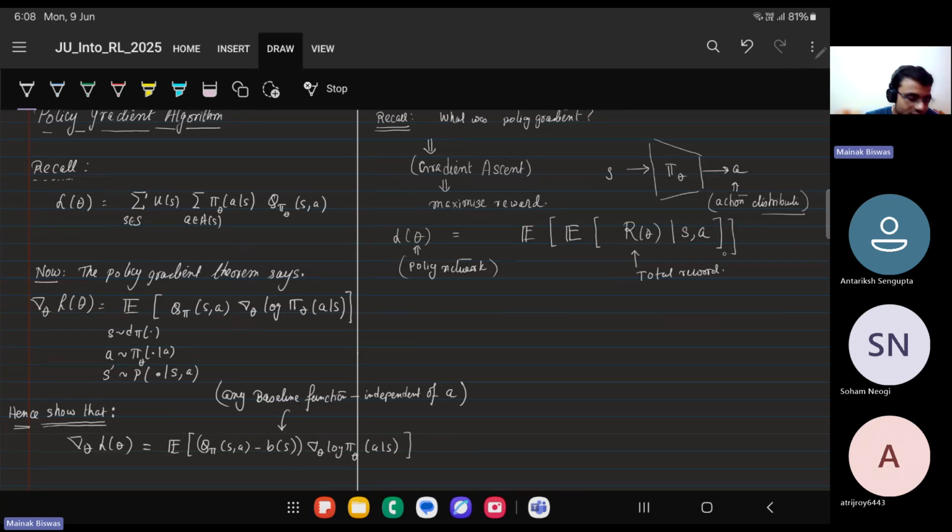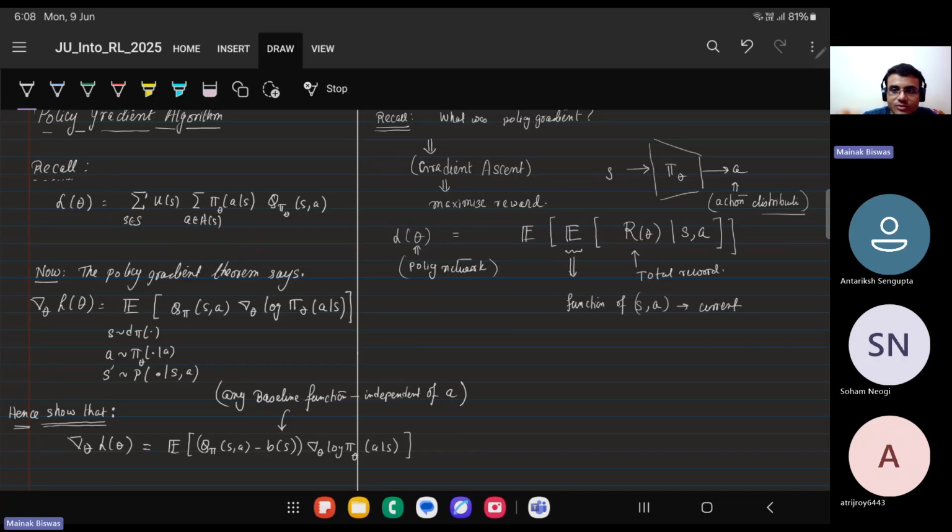So the first expectation gives me a function of the current state and action.